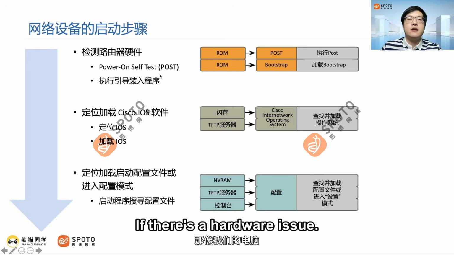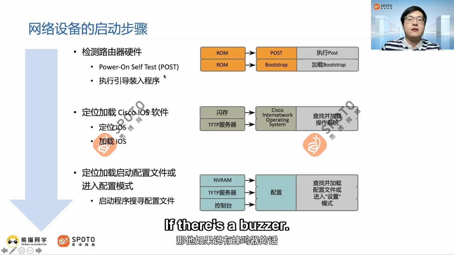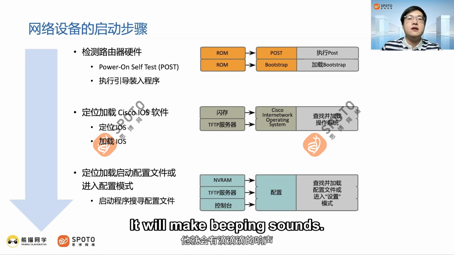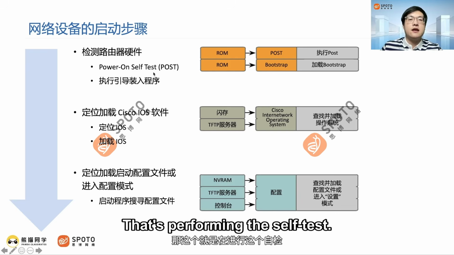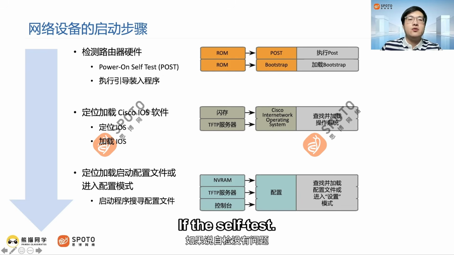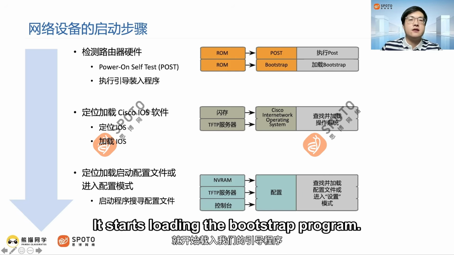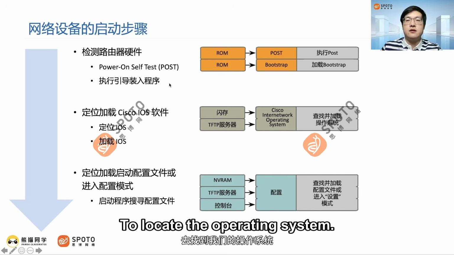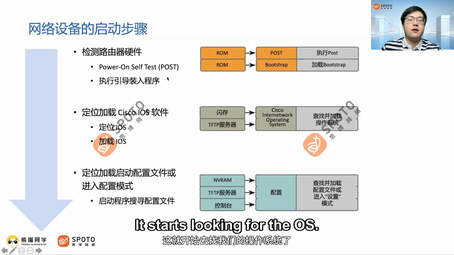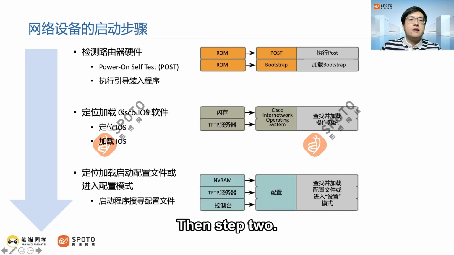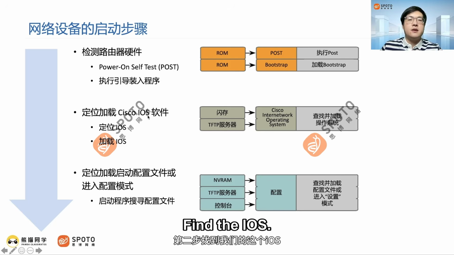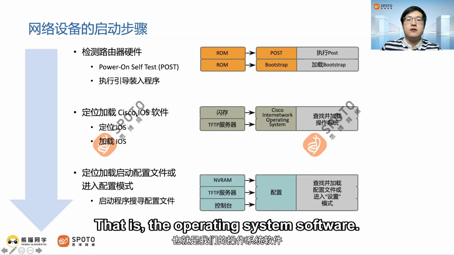Like our computers, if there's a hardware problem, there's a buzzer, it will make beeping sounds. That's performing the self-test. If the self-test passes, it starts loading the bootstrap program to locate the operating system. It starts looking for the OS. Then step 2. Find the IOS, that is, the operating system software.